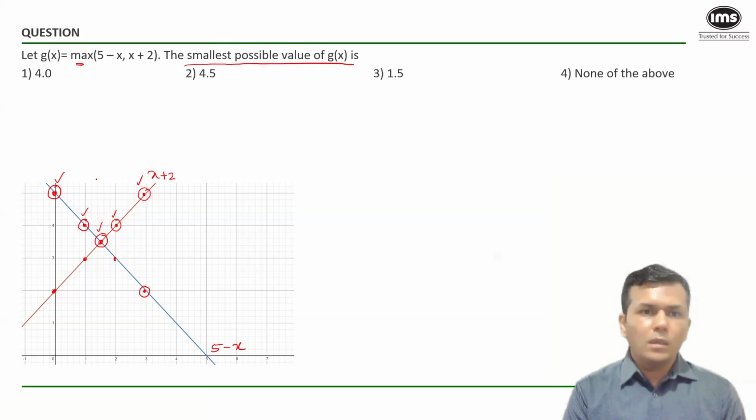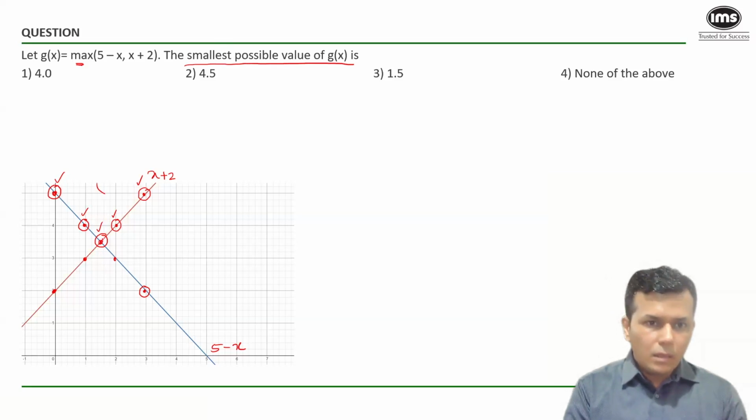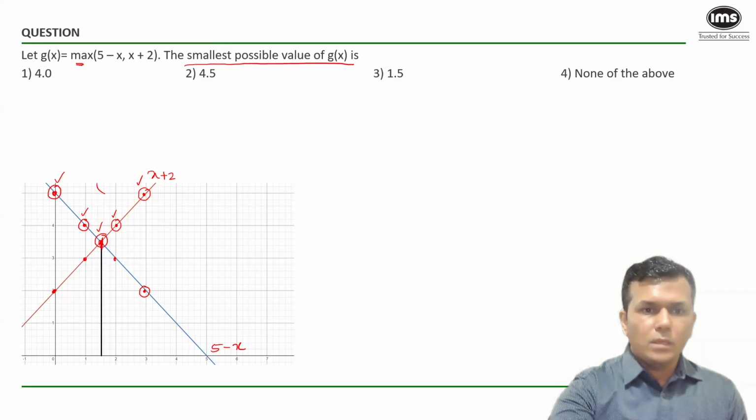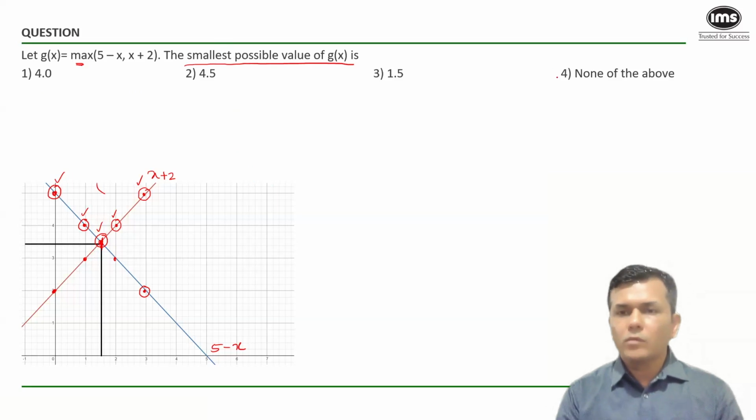So we have to check where this graph of g(x) is hitting its minimum value. It is hitting the minimum value at x equal to 1.5, where the function value becomes 3.5. So 3.5 is the minimum function value, and therefore we can choose none of these as an option.